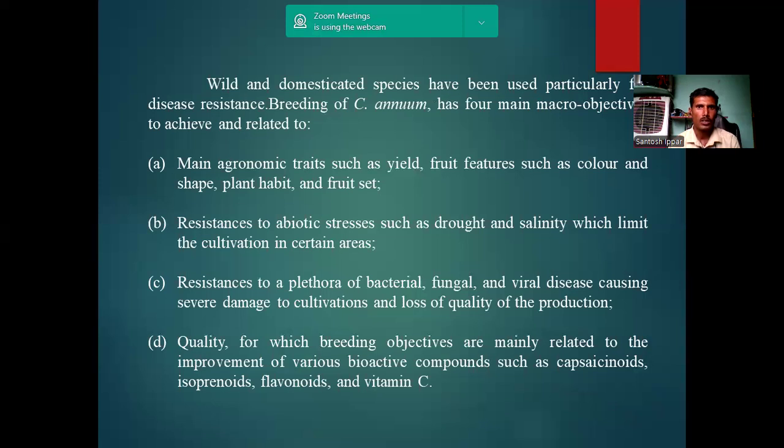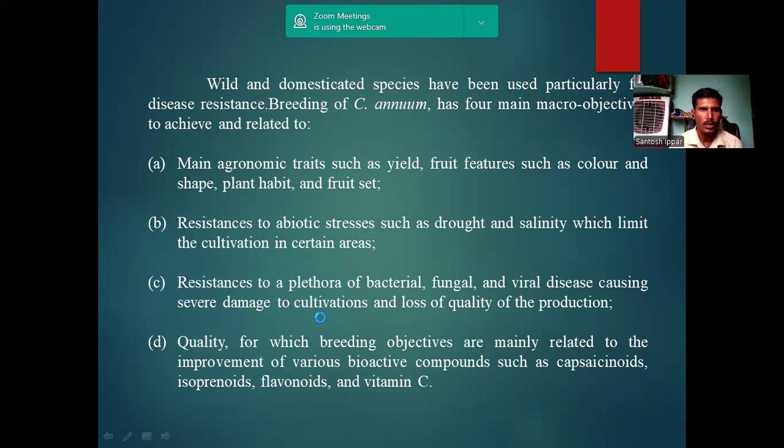There are some macro objectives, means major objectives of breeding, or of in vitro development of parental lines. So here first is the main agronomic traits such as yield, fruit features such as color, shape, plant habit, and fruit set. Second one is the resistance to abiotic stresses such as drought and salinity, which limit cultivation in certain areas.